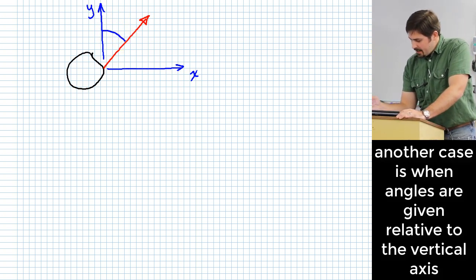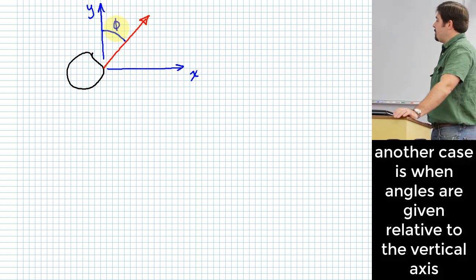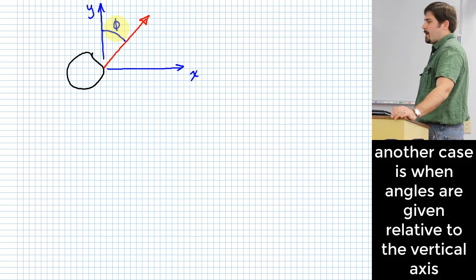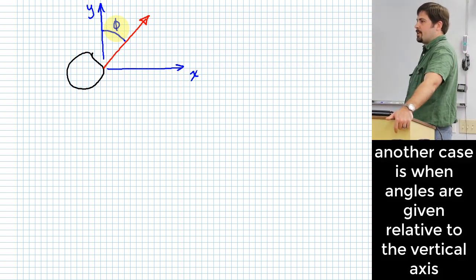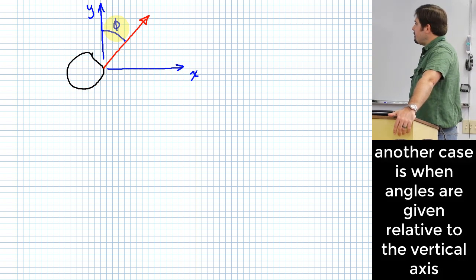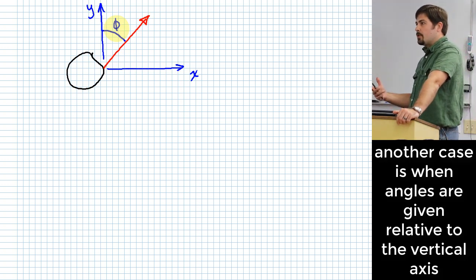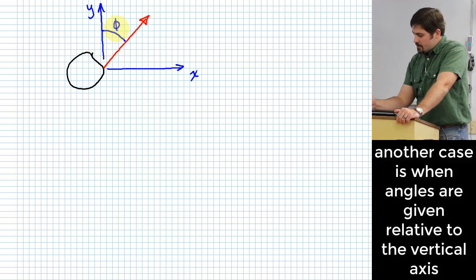Okay, so let's just say, I'll use a different letter here than theta, because theta we usually use for the other one. It's not that you have to use a different letter. I'm just using a different letter to kind of show that it's a little bit different. Okay? And what I want to know is what are the x and y components, I should say, of this force F.